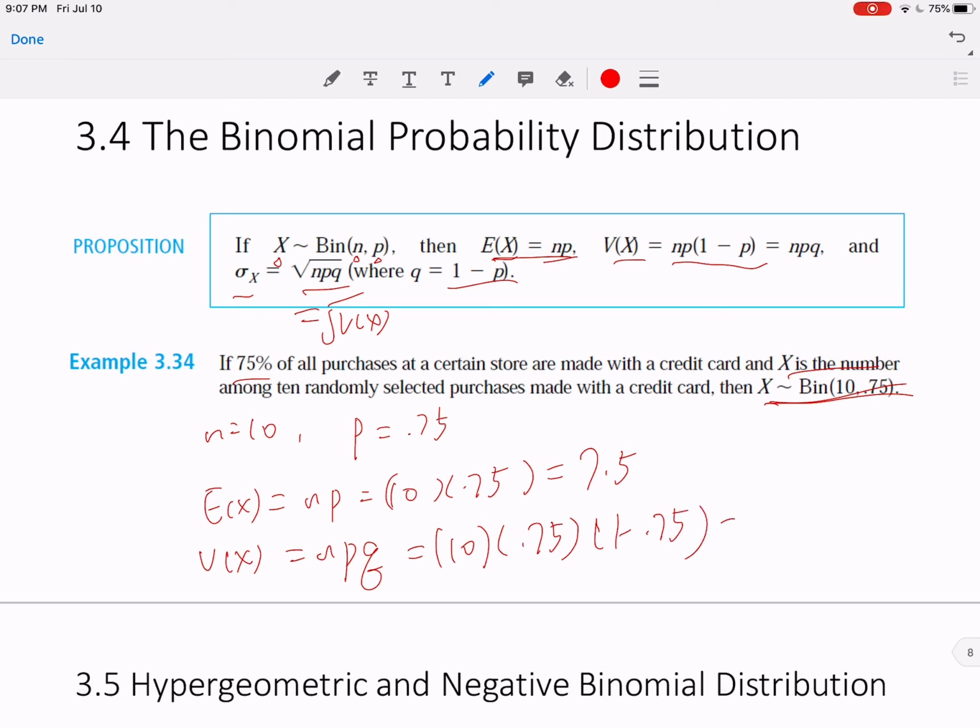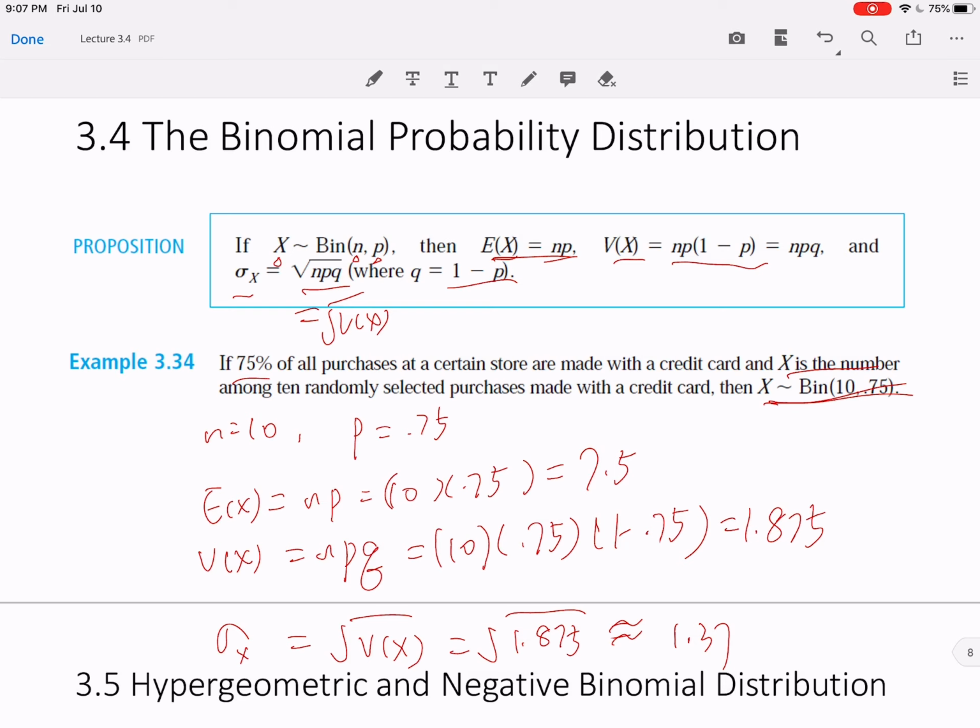And this is equal to 1.875. And then what is the standard deviation? Of course, the standard deviation is the square root of variance, which is the square root of 1.875, which is approximately 1.37. So that's pretty much how to apply this proposition here, and this is very important.